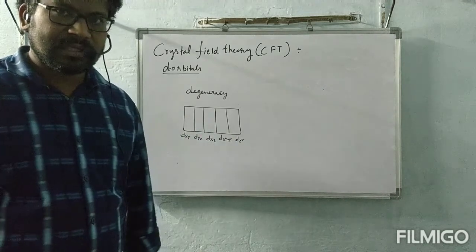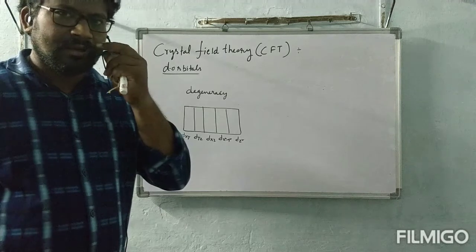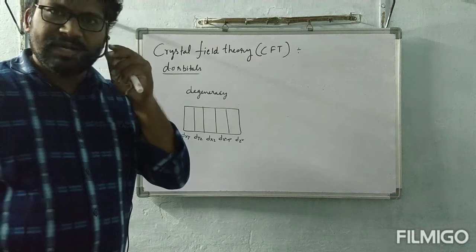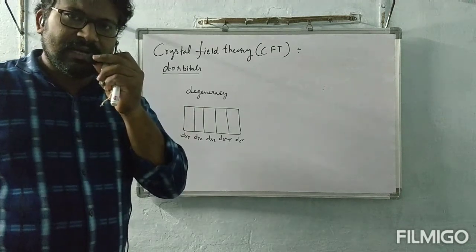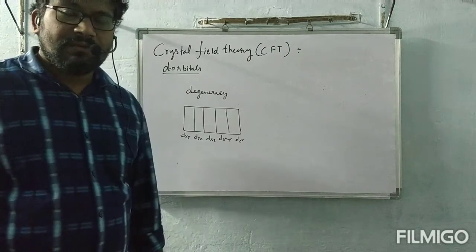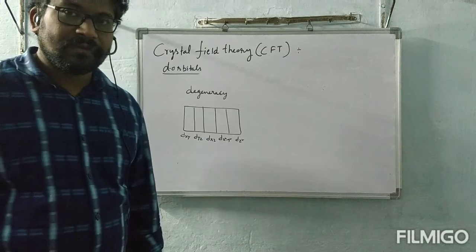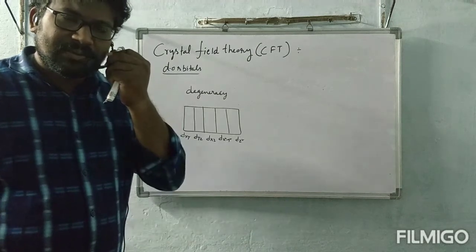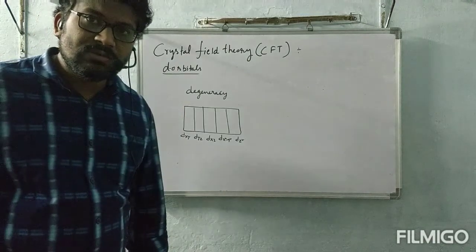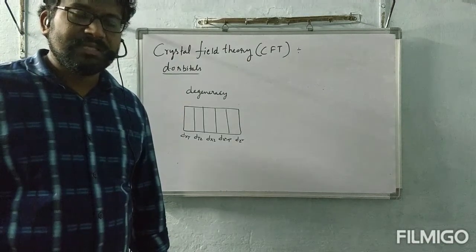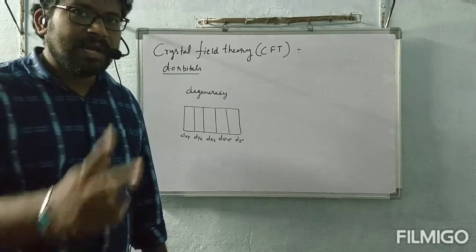That is what I am going to say. So in the absence of ligands, these 5 d orbitals have same energy; they have degeneracy. When ligands approach the central metal atom, these 5 d orbitals will lose degeneracy. That means they no longer have the same energy. They will be made into two sets.